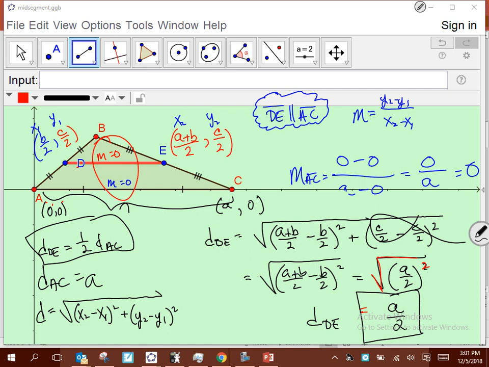So depending on where I let lowercase a, b, and c be, those points could generate any triangle we could ever imagine. And this information with those lowercase a, b, and c values is always going to be the same: the a over 2 and a for the length of those segments, and the slopes always come out the same.